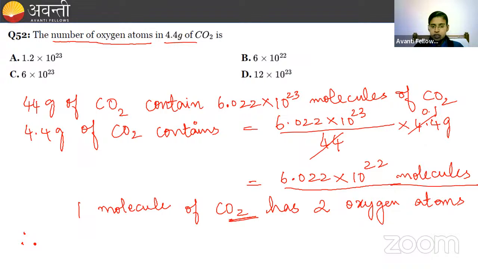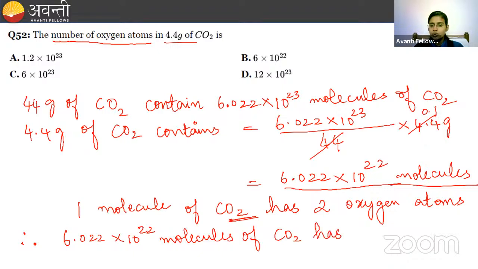So therefore, 6.022 into 10 to the power 22 molecules of carbon dioxide has 2 into 6.022 into 10 to the power 22 oxygen atoms.